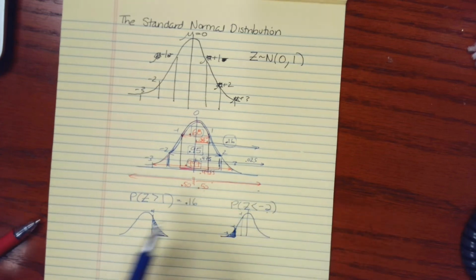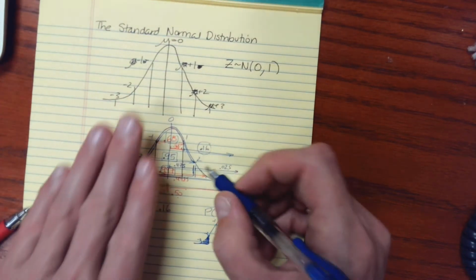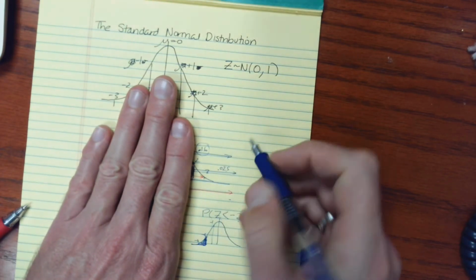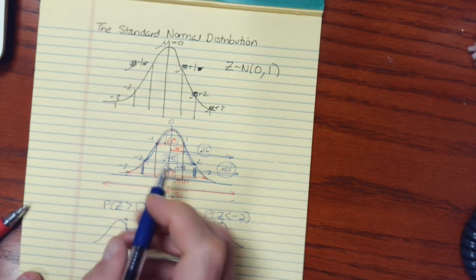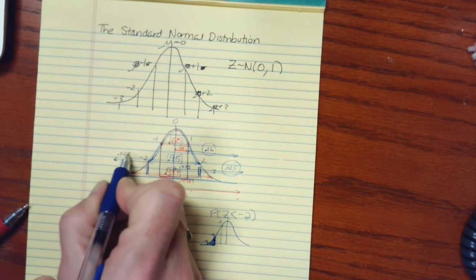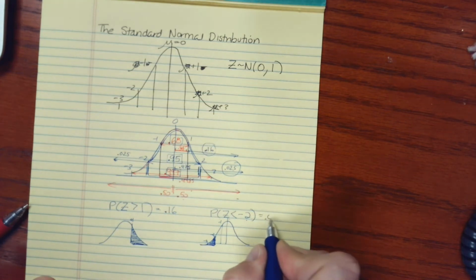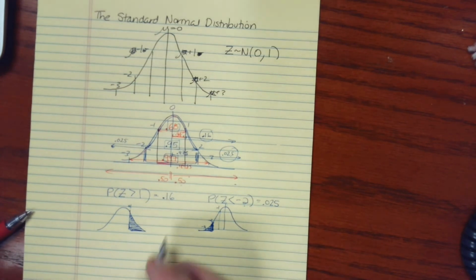And so going back up to my picture here, I said that to the right of +2 was 0.025, and this is symmetric, so that also means that to the left of -2 is 0.025.